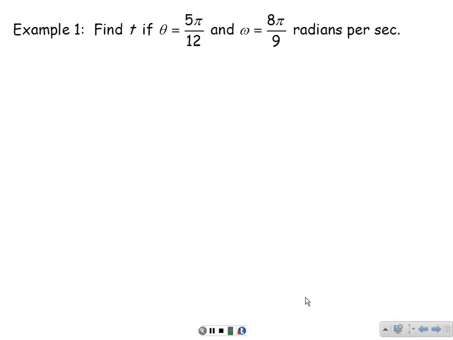And so if omega is equal to theta over time, we can manipulate this to be time is equal to theta over omega. And so time is going to be theta, which is 5 pi over 12, divided by omega, which is going to be 8 pi over 9.